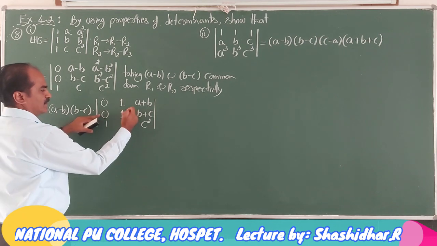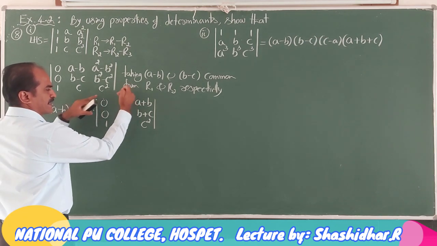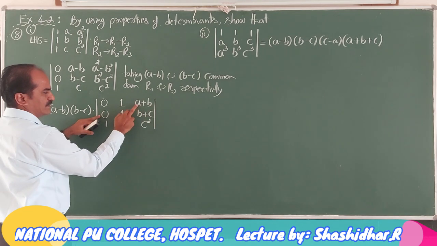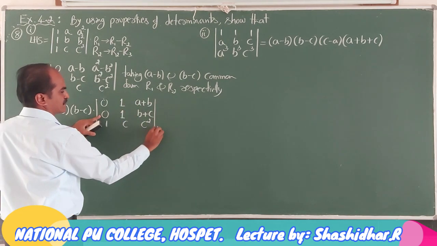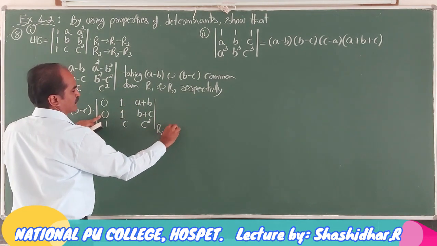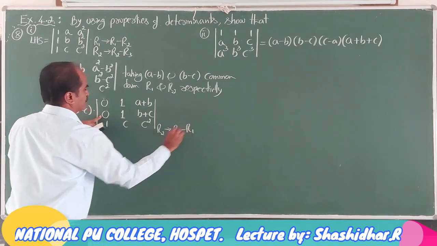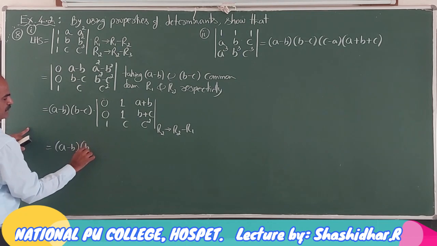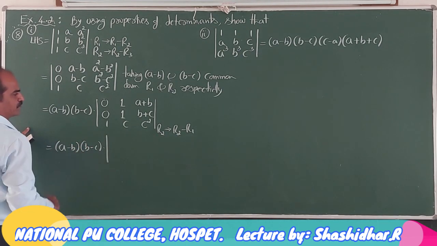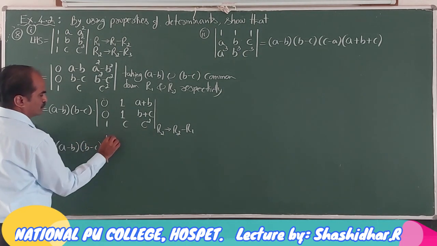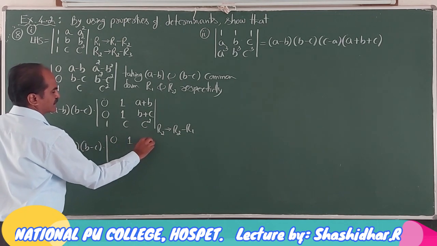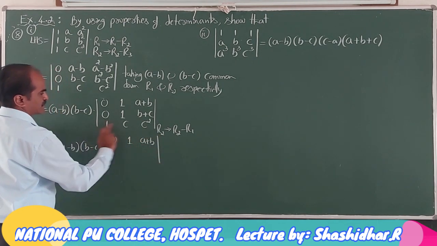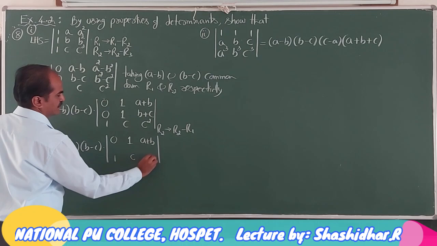Like R2 changes to R2 minus R1, right? Because here c, here a, b will get cancelled. Alright, R2 changes to R2 minus R1. By this, it is a minus b, b minus c into, I am changing R2, write R1 elements as it is, as well R3 elements as it is, 1 c, c square.